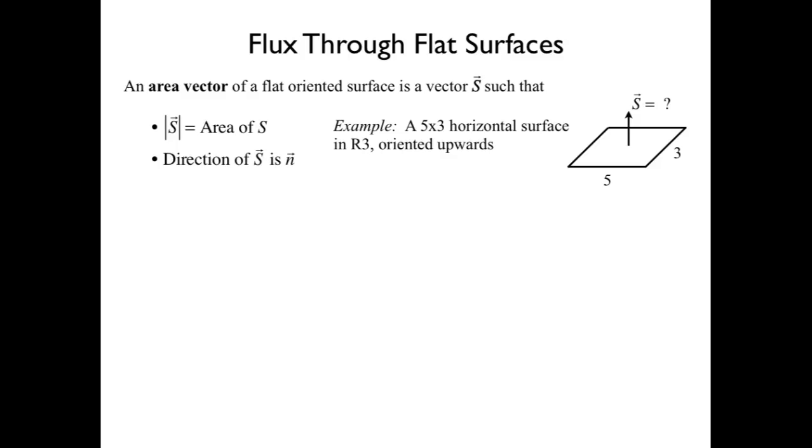The magnitude of the vector is the area, and the direction of the vector is normal to the surface. So the vector is 0, 0, 15, which is the same as 15K. Does it make sense?